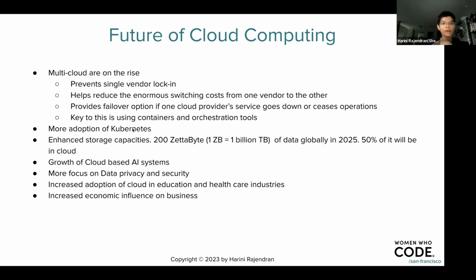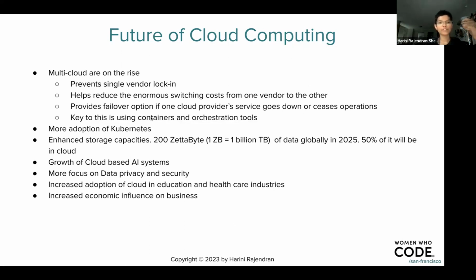That leads to more adoption of Kubernetes. If you're not aware of Kubernetes, you can read about it. It's software that's used to manage containers. So we can think of containers as a boxed, lightweight server, I would say.